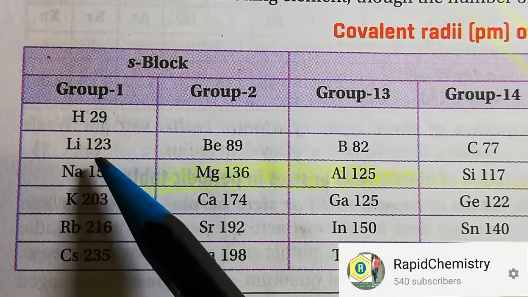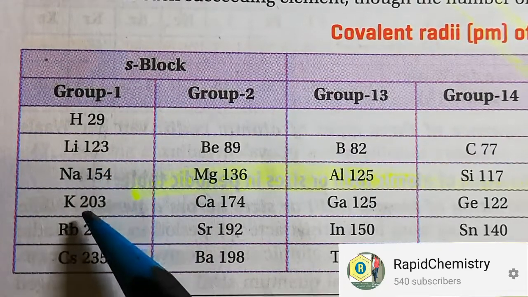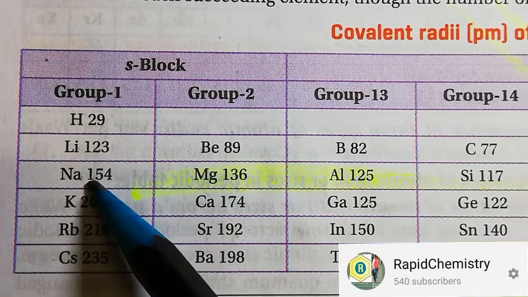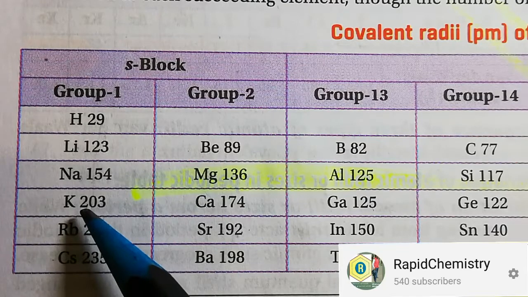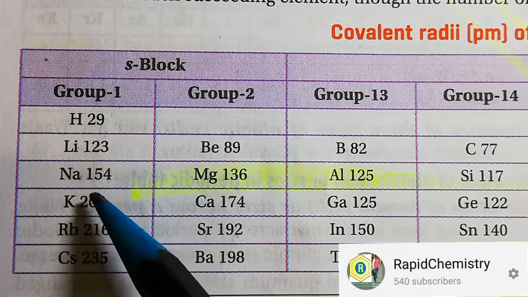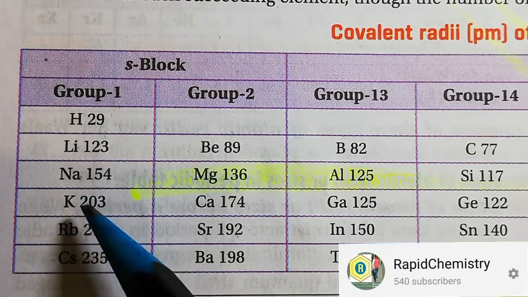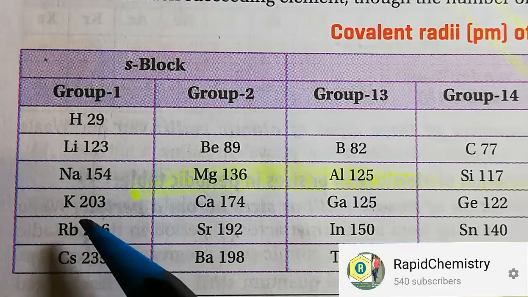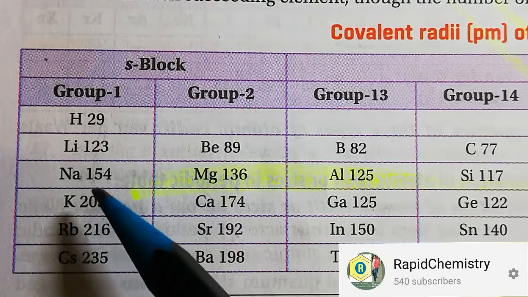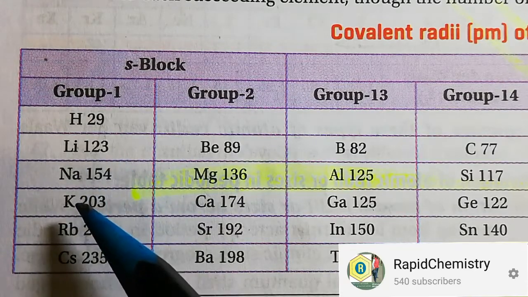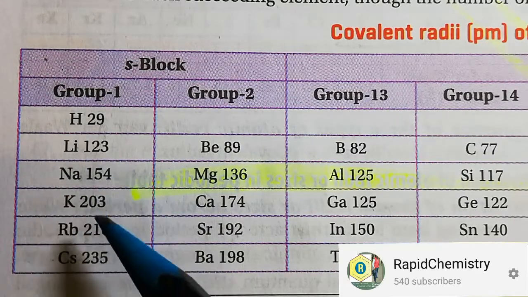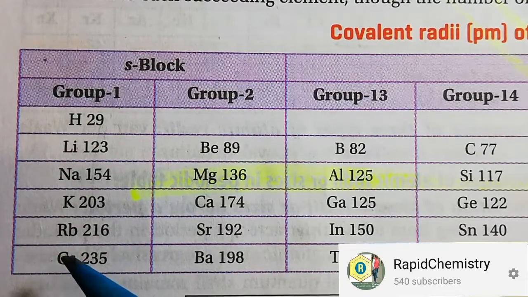One thing you have to remember here: with the addition of newer shells, the attraction between the nucleus and the outermost electron also increases. That attraction may lead to a contraction in size, but the addition of a newer shell exceeds that effect. Hopefully you got it.